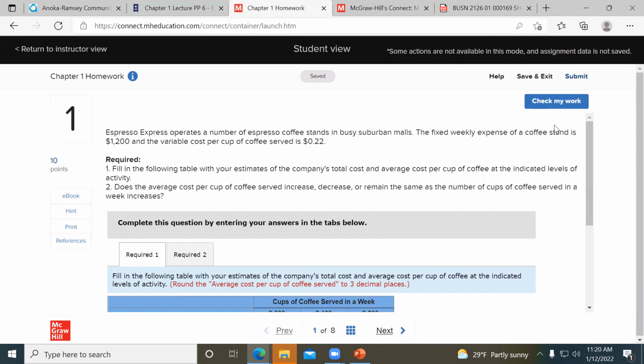The fixed weekly expense of a coffee stand is $1,200, and the variable cost per cup of coffee served is 22 cents. Fill in the following table with your estimates of the company's total cost and average cost per cup of coffee at the indicated levels of activity. Does the average cost per cup of coffee served increase, decrease, or remain the same as the number of cups of coffee served in a week increases?